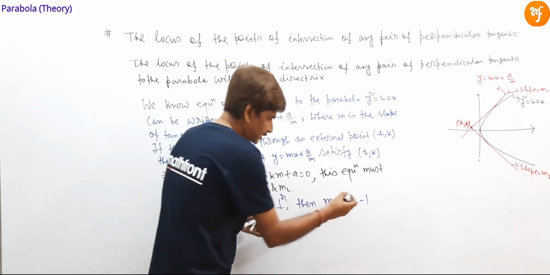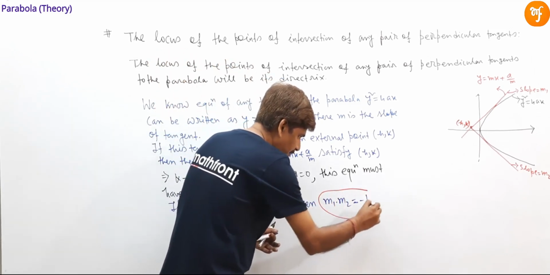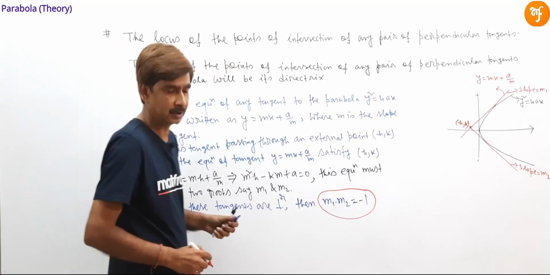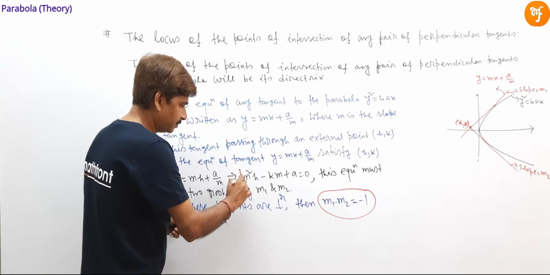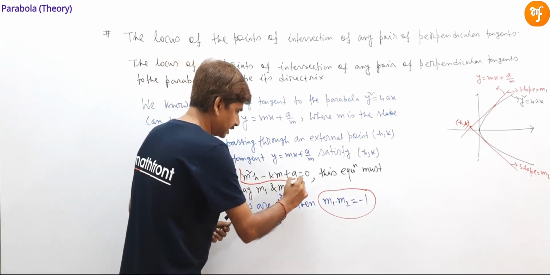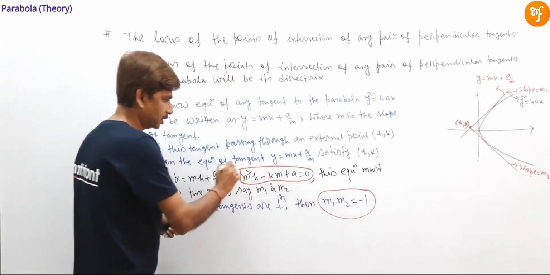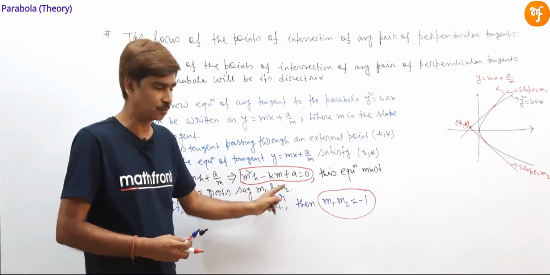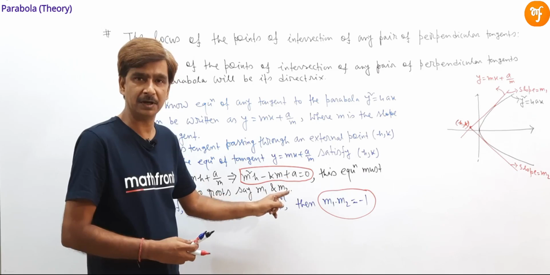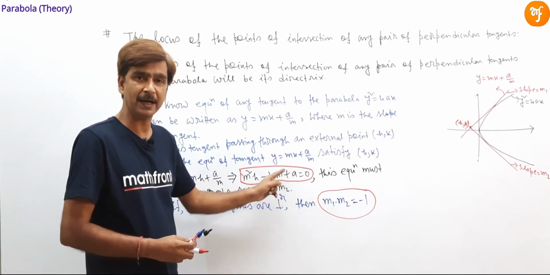Look, this is the property of perpendicular tangents. Now come to the equation of this quadratic form. m square h minus km plus a is equal to 0. This equation has two roots, m1 and m2. So what will be the product of the roots? m1 into m2 will be a by h.